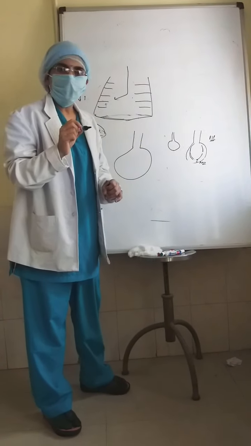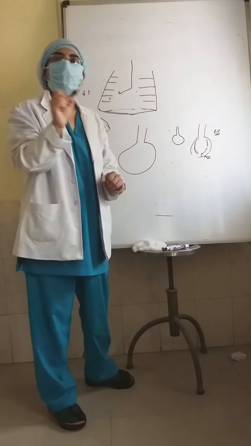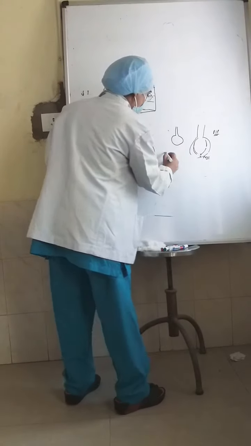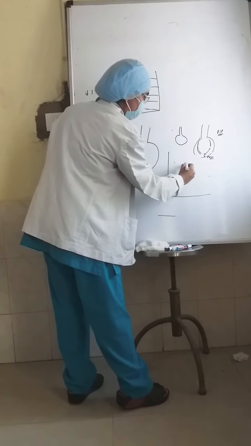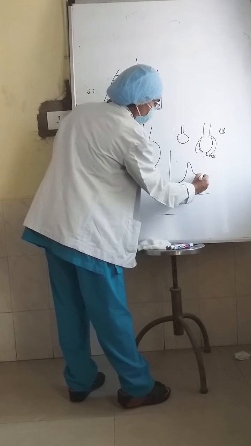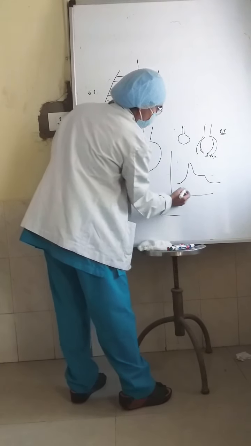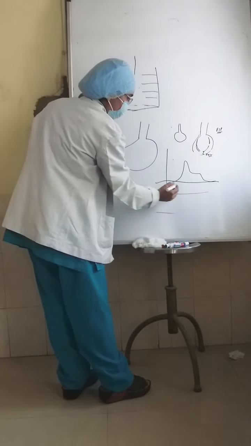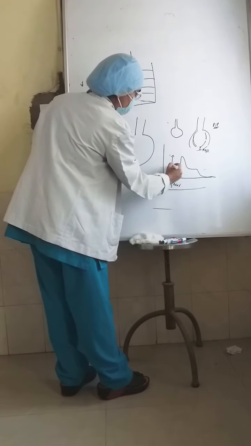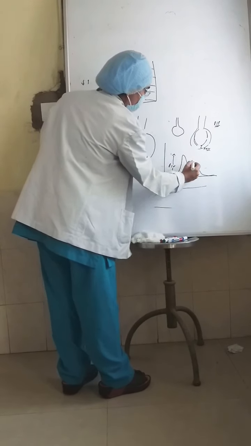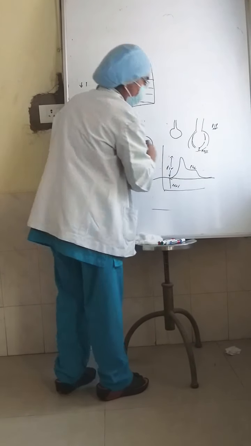And one more pressure that remains in the lungs during ventilation is called plateau pressure. For example, this is the graph: we need a pressure to initiate the lung, then a plateau pressure. This is your peak inspiratory pressure, and this is your plateau pressure.